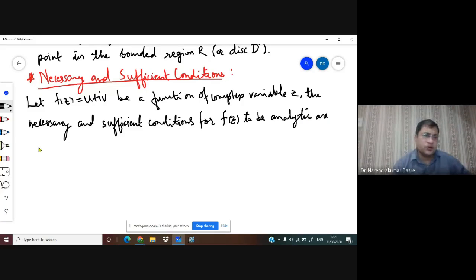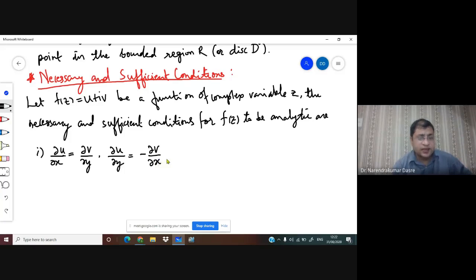What are the conditions? The first condition is that ∂u/∂x = ∂v/∂y and ∂u/∂y = −∂v/∂x. I hope we have studied partial derivatives in sem 1, so that we are going to use here. Also, we have studied the exact differential equation. So these are the conditions.